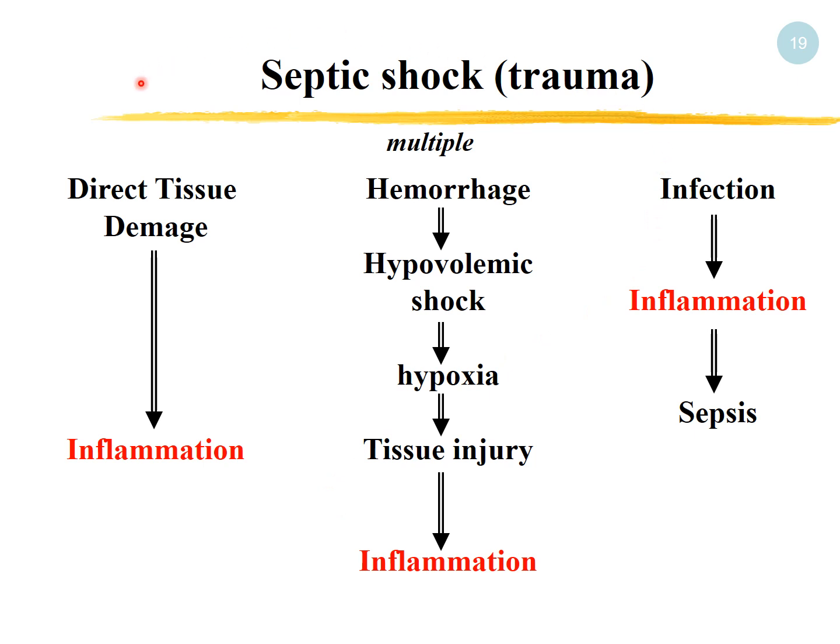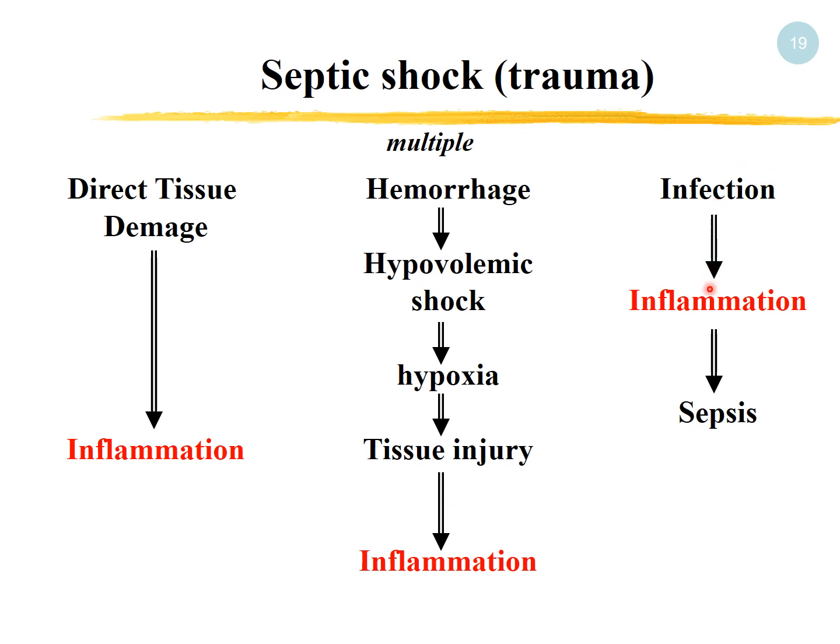Now, septic shock has multiple initiations or multiple pathomechanisms. First of all, we do have a direct tissue damage, and the tissue damage can be sterile. It still will induce inflammation, hemorrhage that leads to hypovolemia, that leads to hypoxia, tissue injury, and again inflammation is turned on.